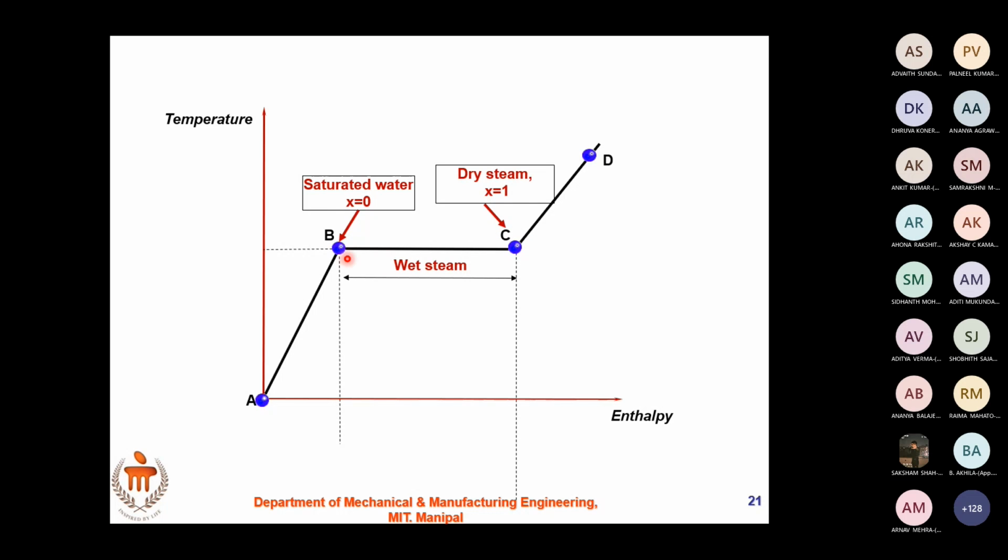So till here we have evaporation and then complete vaporization at C. So C represents what? Dry steam at the saturation temperature at the given pressure. So we have dry saturated steam, or simply dry steam.